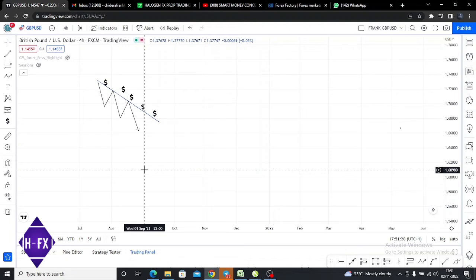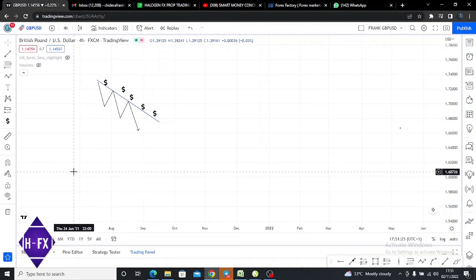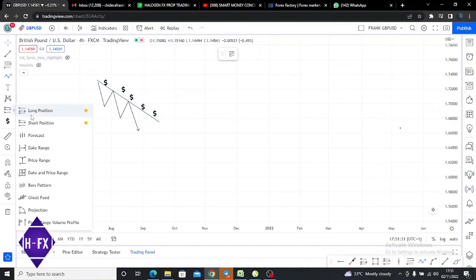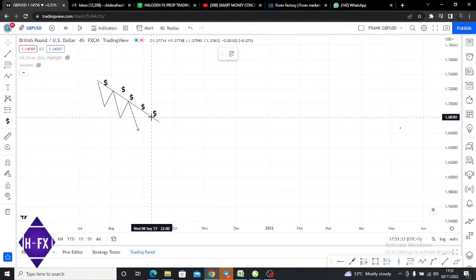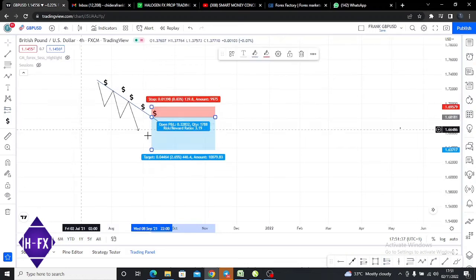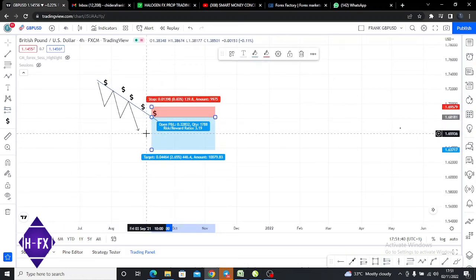Now when the institution comes into the market and wants to trade, what they first of all do is take out these retail traders before they can make any move to the downside or to the upside. The retail traders place their stop loss above the trend line in order to continue the trend downward.